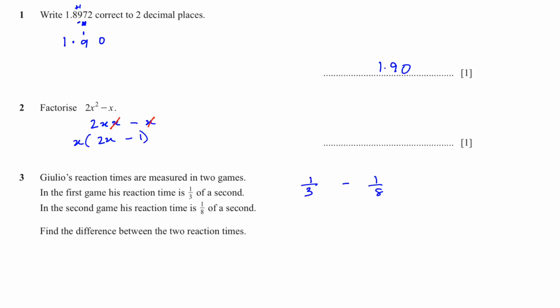You need to show that you have a common denominator. So I'll multiply by 8 here and by 3 here. Now we have a common denominator. 8 minus 3, and 3 multiplied by 8, 24, is equal to 5/24.